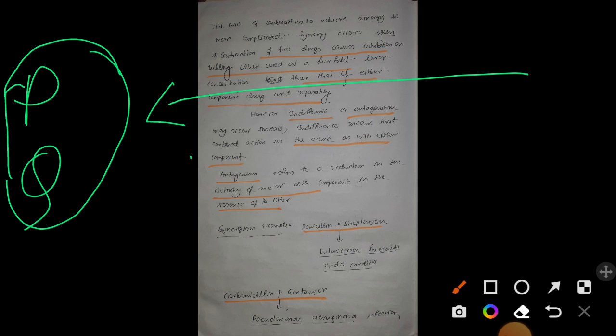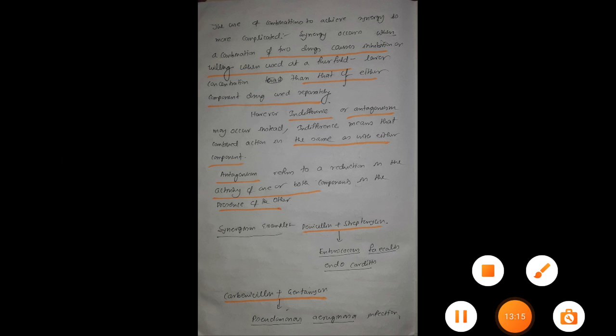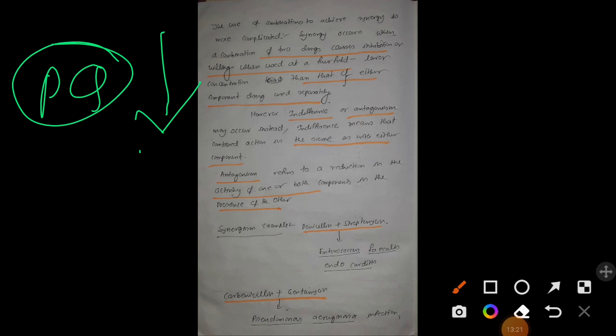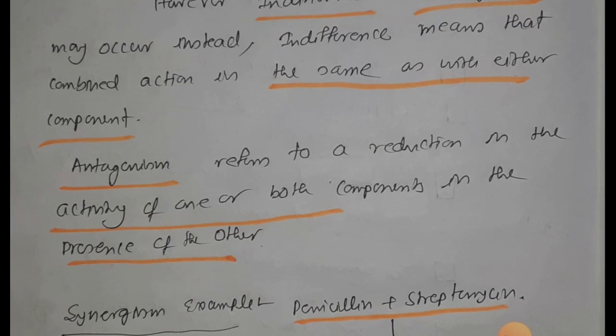That means P always wants to talk with Q and Q also wants to talk with P 24/7, and as a result their careers are hampered drastically. Okay, so under such circumstances what we can conclude is that the combination of P and Q reduces the activity of either P or both P and Q. Okay, so that is the case of antagonism.